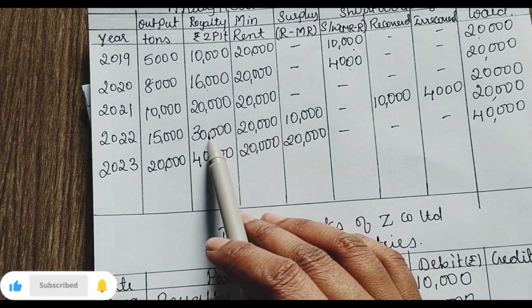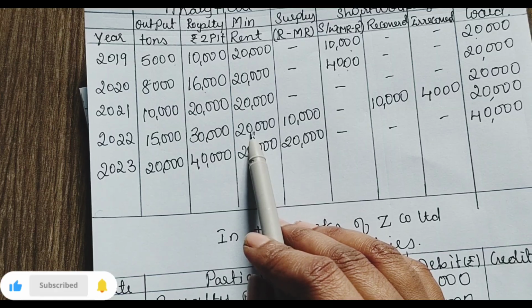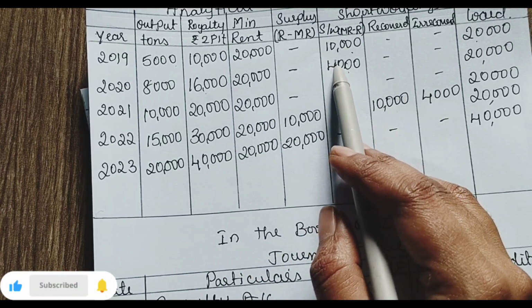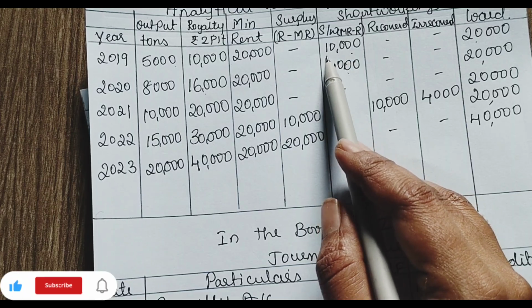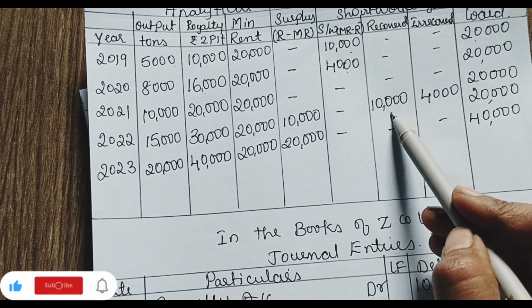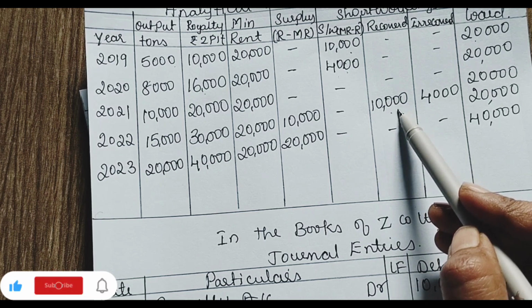2022. Here you can see the royalty is more than the minimum rent and you have recovered. When short working occurred, you debited the short working account. When you are recovering the short working, you should credit the short working account.